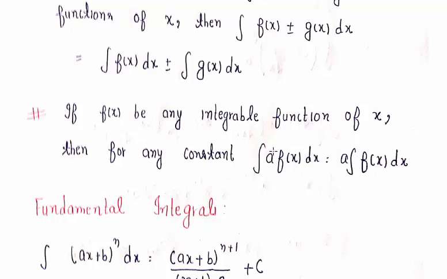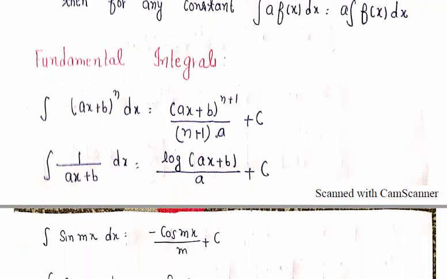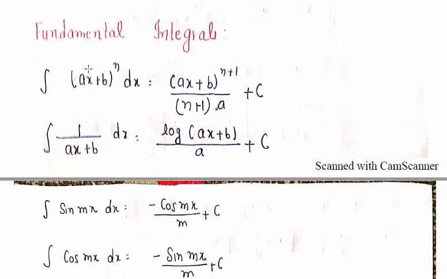That means from the integration we can always take the constant common and we have to find the integration of the function only. So if a constant is multiplied with our function, then we take that constant common. Now we discuss some fundamental integrals.